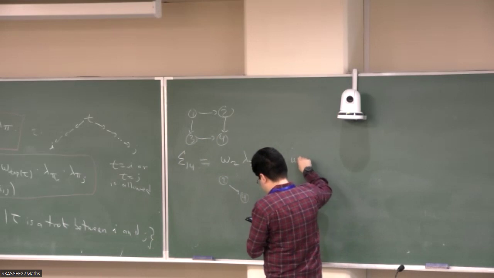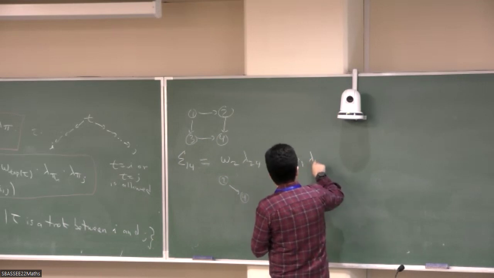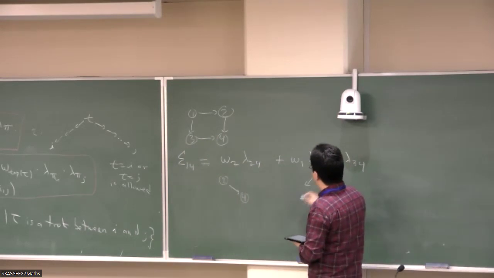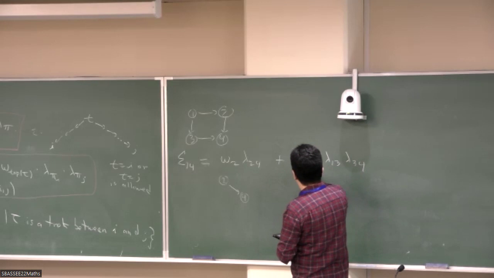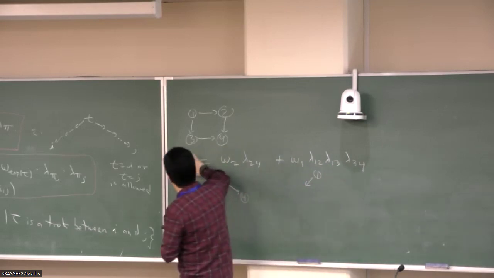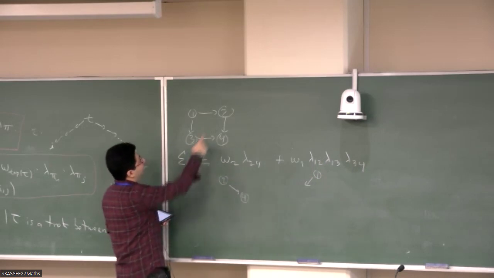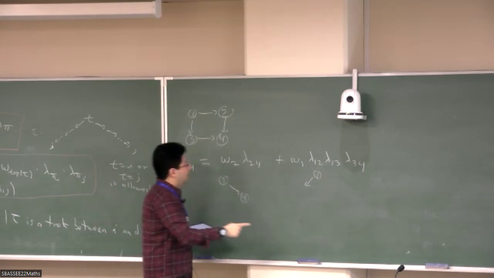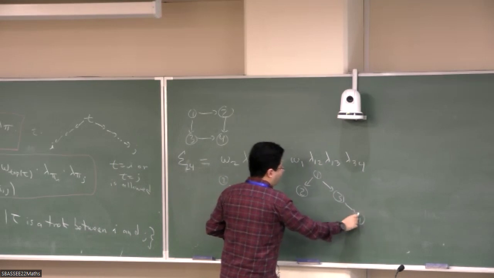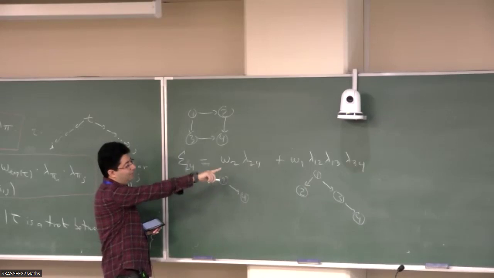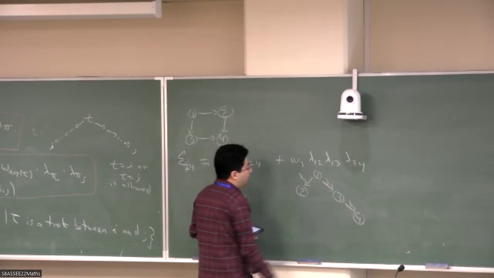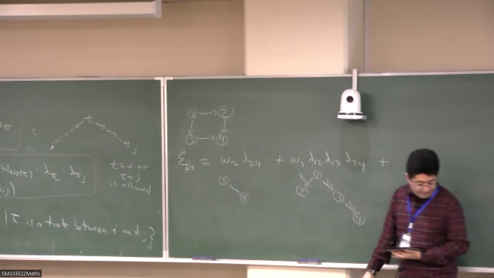But now I also have omega 1 times lambda 1 2, lambda 1 3, lambda 3 4. Sorry, I wanted to compute 2 to 4, not 1 to 4. So there's the direct edge, or there's the one that has the top 1, and then here goes 1, 3, 4. So omega 1, and then lambda 1 2 from here, lambda 1 3, lambda 3 4. And there's one more trek. Does anybody see it?